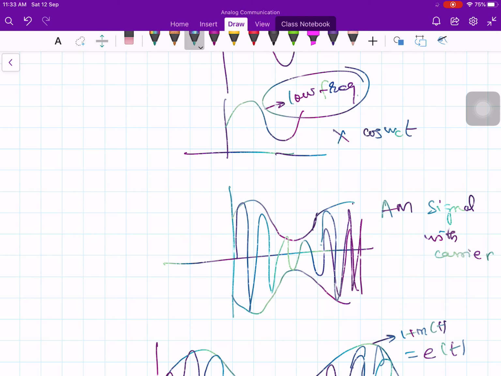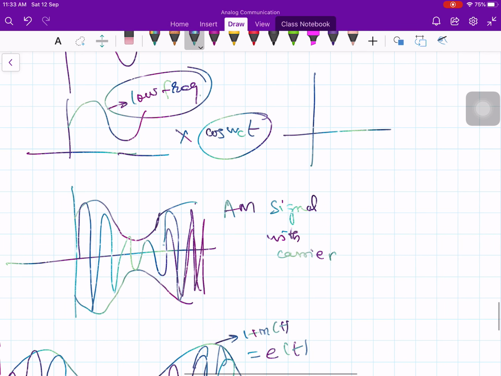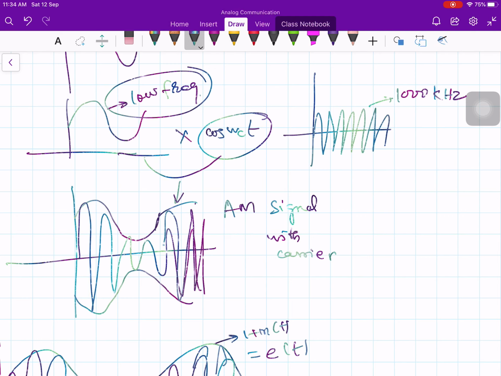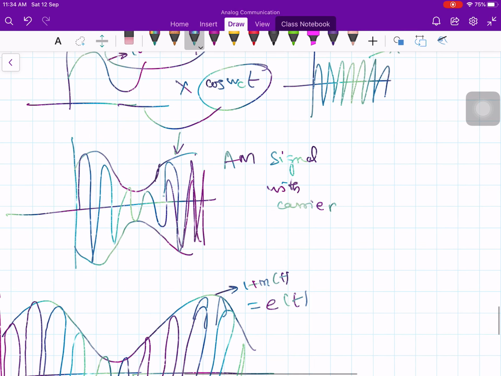Your carrier will be cos omega ct. See, I am multiplying by cos omega ct. It is a very high frequency, like this. Let's say it is 1000 kilohertz. Multiply this and that. Once you do the multiplication of these two, then you will get like this. If mod of m of t is less than 1, you will see that this portion will never cross the time axis.